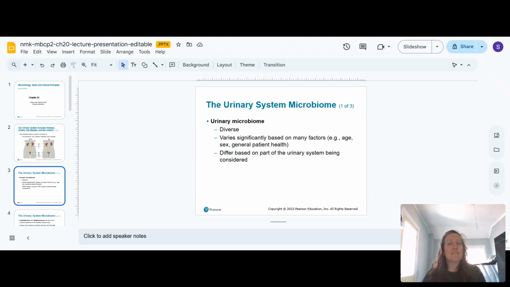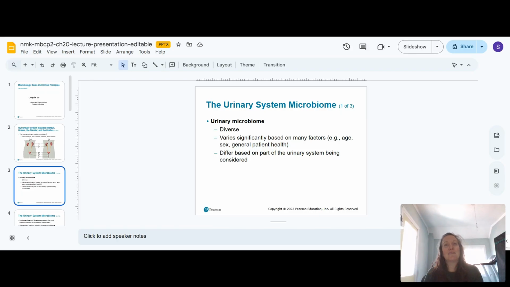The urinary system microbiome is one that often gets overlooked. When we think about a microbiome, we're often thinking about the gut microbiome. And while that's certainly a big part of our bodily microbiome and the other organisms that occupy our space, every system of the body has bacteria, viruses, microbes that occupy it, including our lungs, pulmonary system, our circulatory system, even our nervous system.